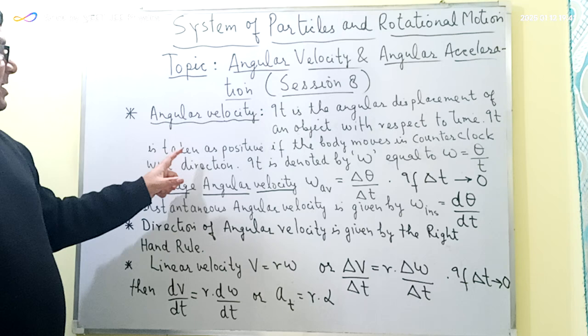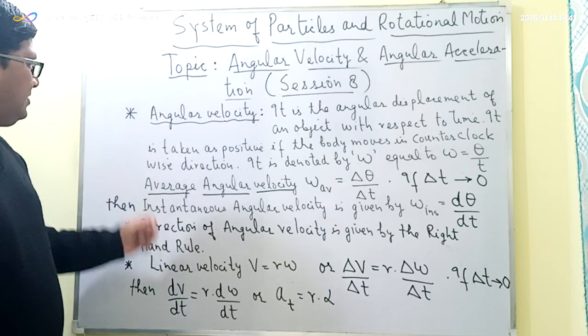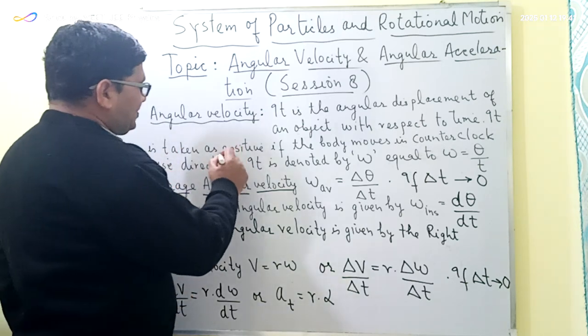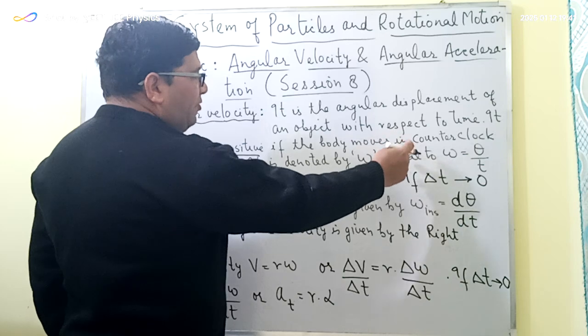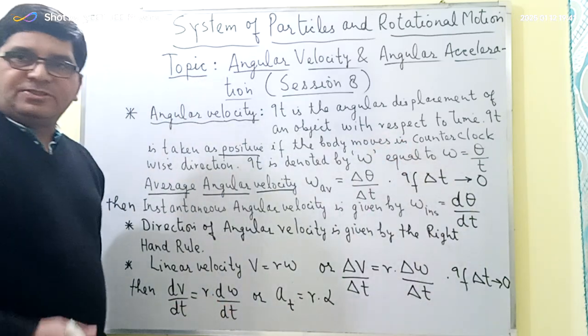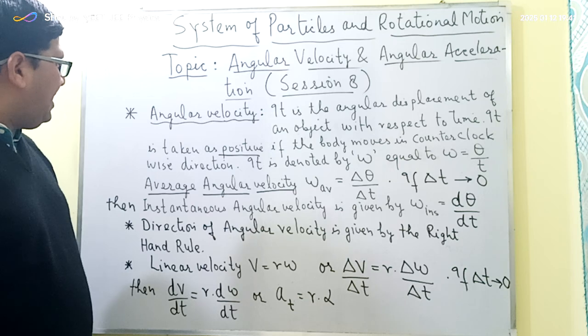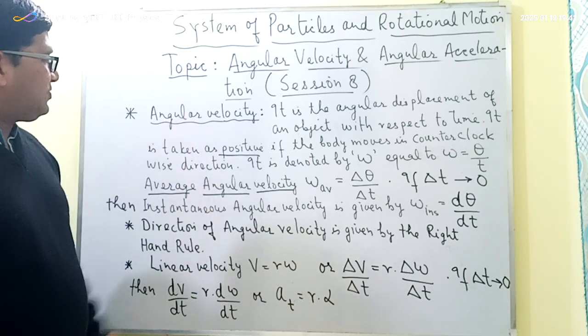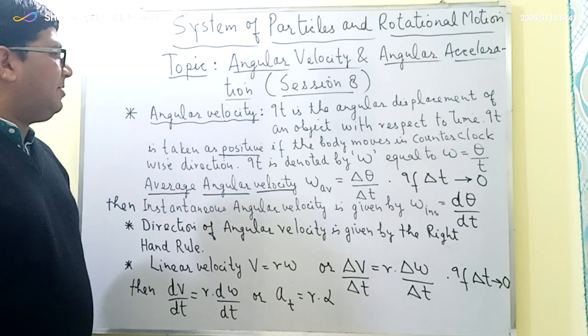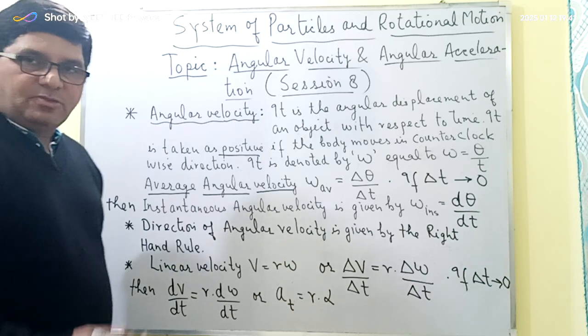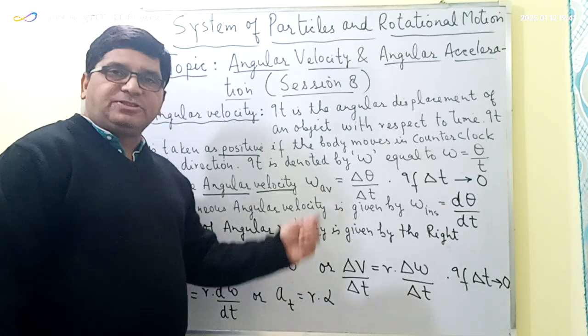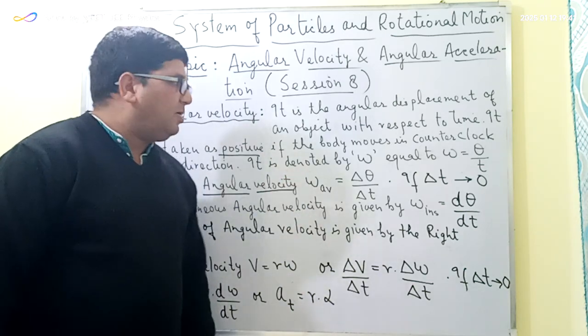So, the important point from the first point is that angular velocity is positive when the body is rotating in the counterclockwise direction, and negative if the body is rotating in the clockwise direction. This is the basic convention which we follow.